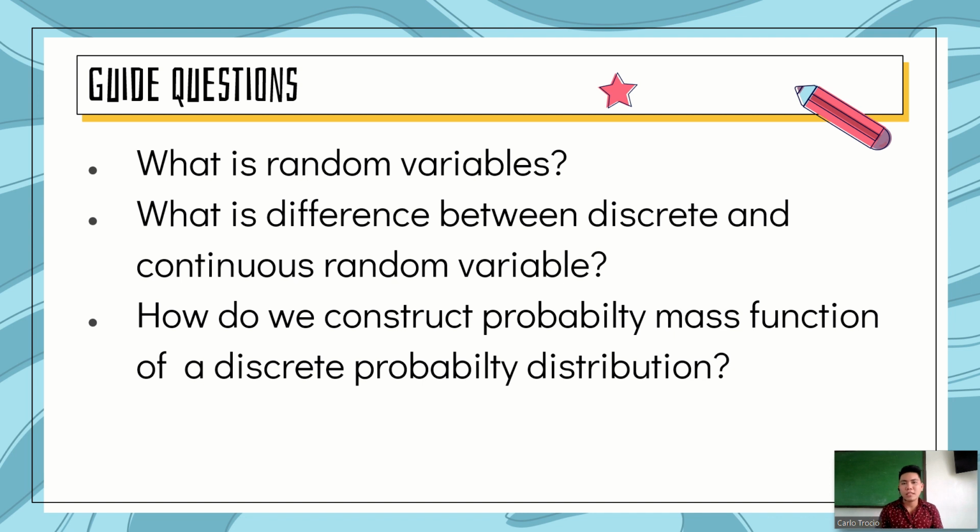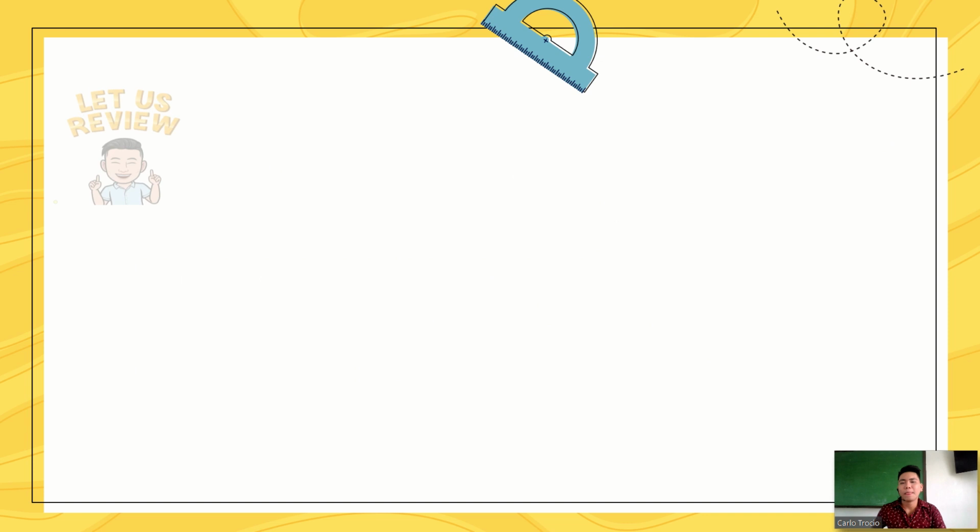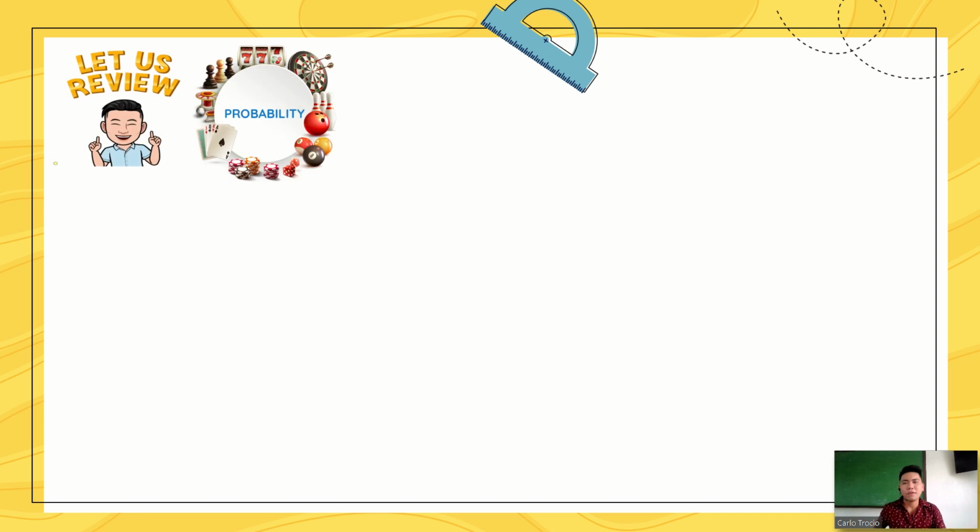But here in statistics and probability, we list all the possible outcomes to know what percentage of chance, or probability, we have of getting the desired outcome that we want. Okay, but first let us have a review on probability.